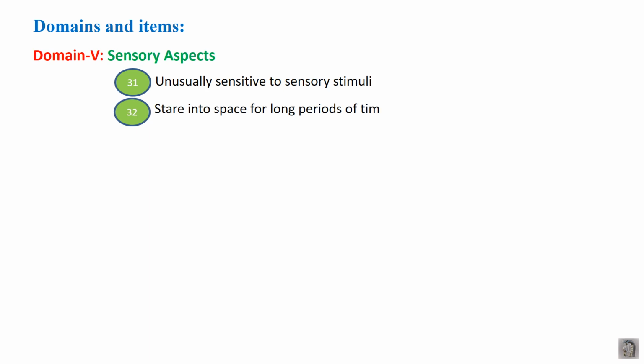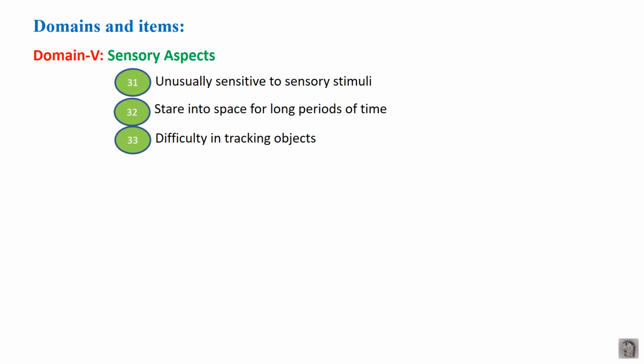Stare into space for a long period of time. That means the person with autism may look at one spot for a longer time. They seem to be unaware of their surroundings, unaware of what is happening around them. Difficulty in tracking objects.